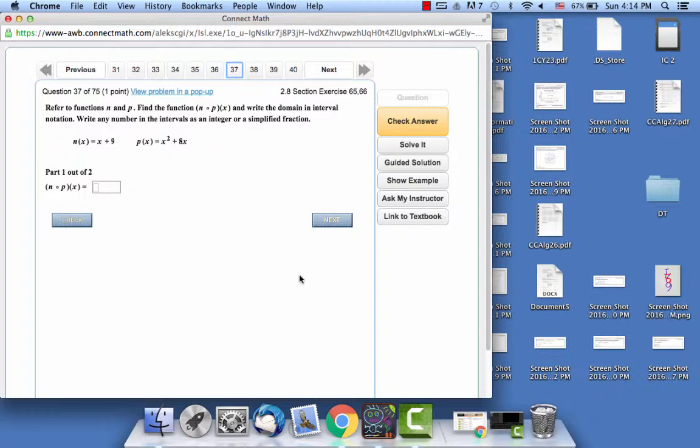In the case of the composition, we need to be able to plug it into the first one, so p, and we need to be able to plug it into n of p. At this moment, we're not going to have any domain issues. It's going to be all real numbers because we've got a polynomial and a polynomial. So there's no divided by and there's no roots.